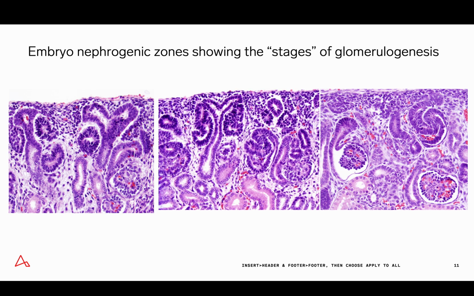We have the hollow vesicle formation right here. If we move to the middle image, we can see the comma stage with early indentation. If we move to the far right, we can see the S phase and the early separation of the parietal from the visceral epithelial cells, and then further maturation as we proceed deeper in the cortex.